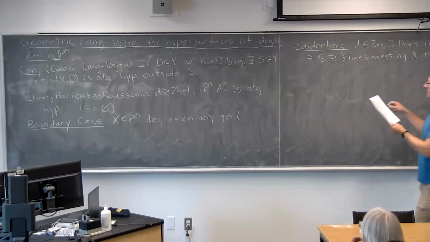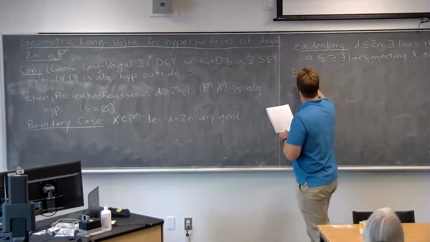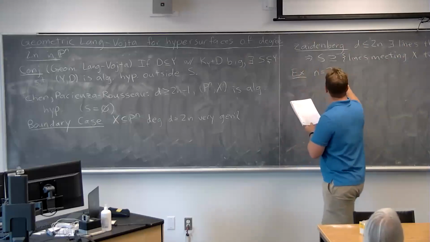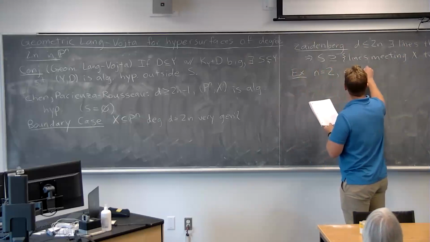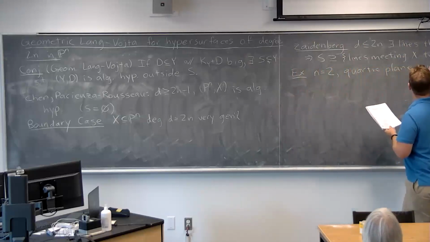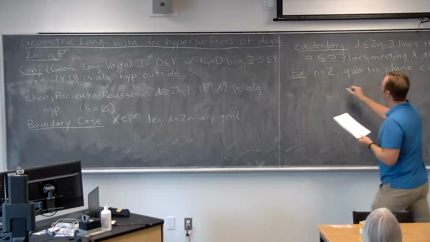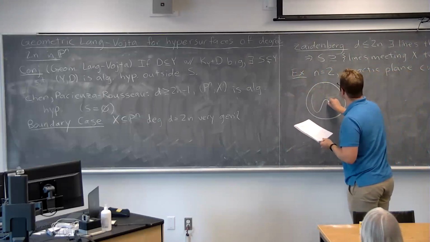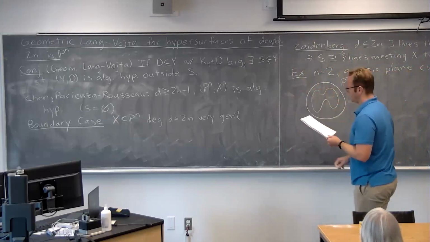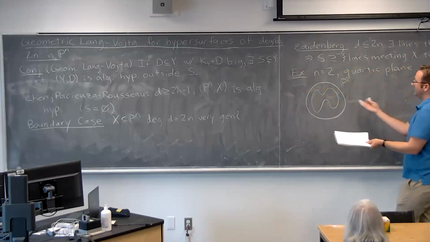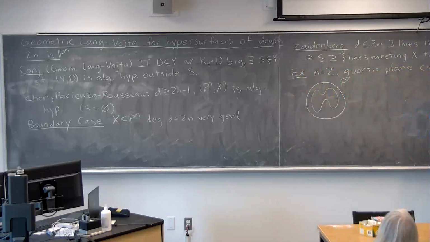So let's think about the simplest open example then. n equals 2, this is a quartic plane curve. You take P^2 and you write down a random curve of degree 4. And we want to know, is the complement hyperbolic or algebraically hyperbolic?